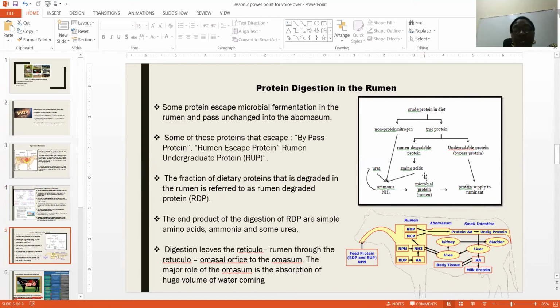The microbial protein synthesized in the rumen by microorganisms is also utilized by the ruminant to produce protein. Now, the non-protein nitrogen could be in the form of urea that is built up by the microorganisms.